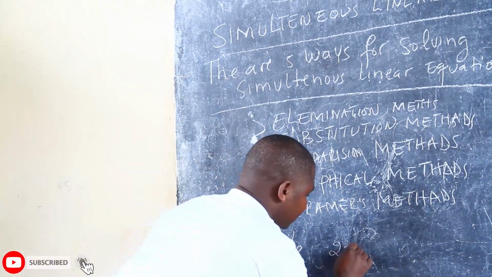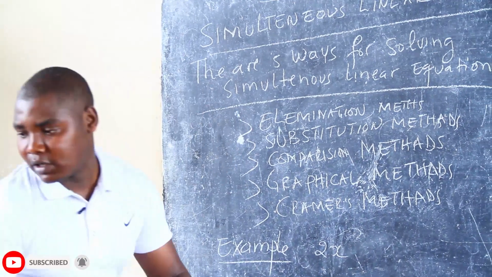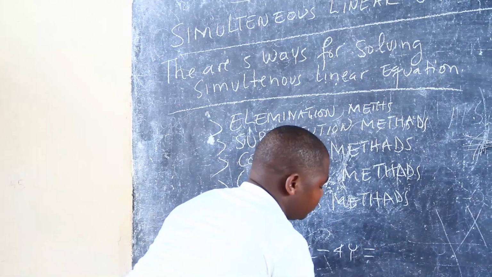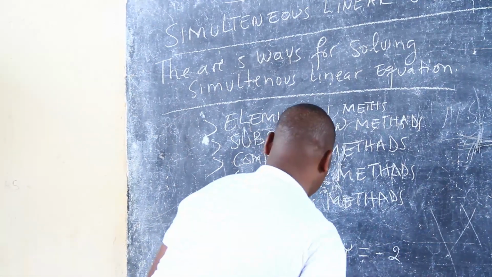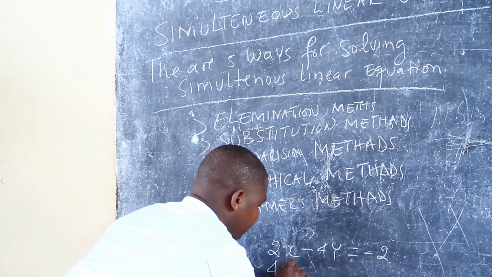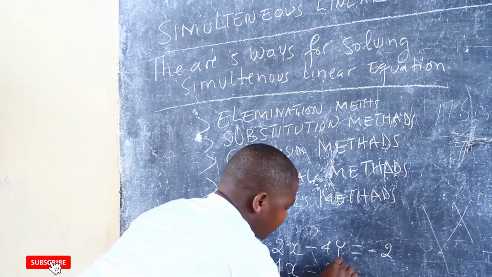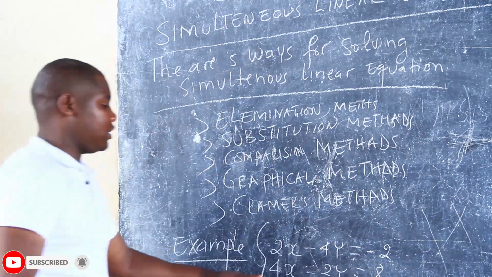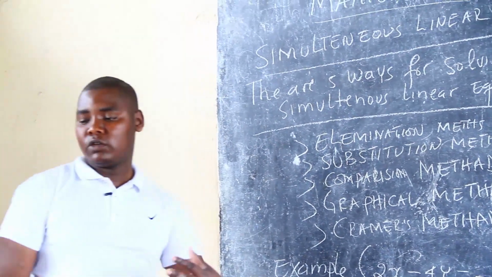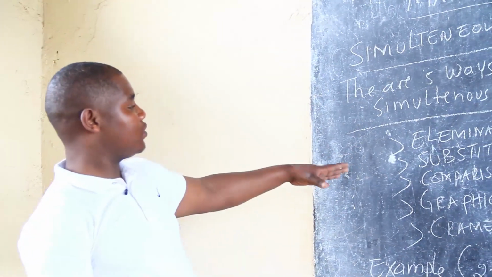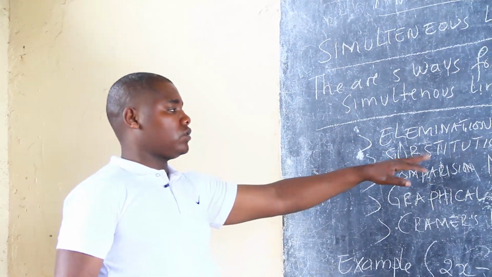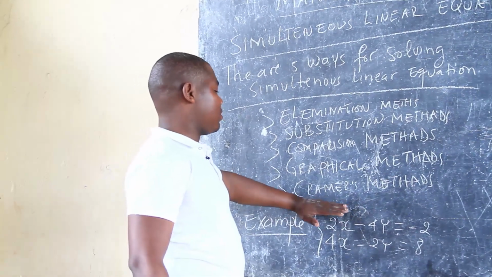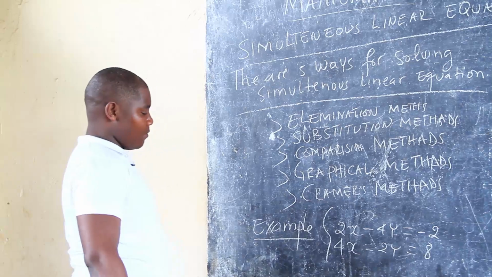If I take 2x minus 4y equal to negative 2, and 4x minus 2y equal to 8, this is the first example. We are going to show you how to use the elimination method, substitution method, comparison method, graphical method, and the last one is called the Cramer method.